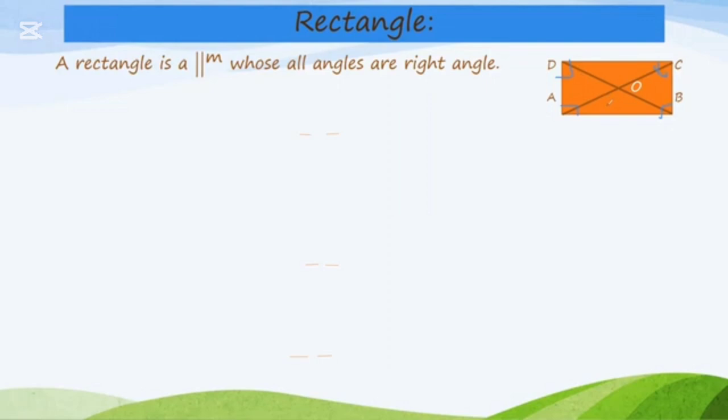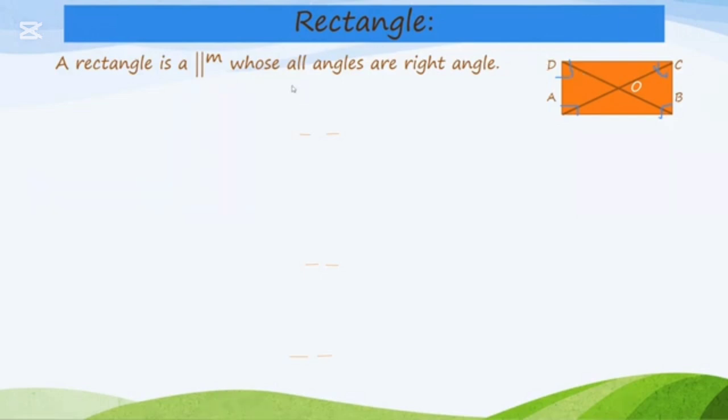And in rectangle, the opposite sides are congruent. That means AB and CD, they are congruent sides, and BC and AD, these two sides are congruent. So this is also the property of the parallelogram, having opposite sides congruent.